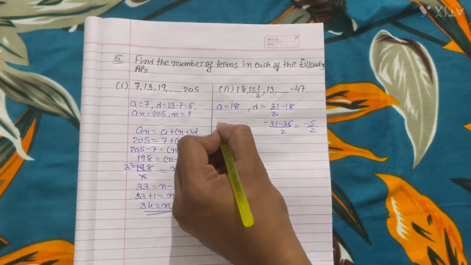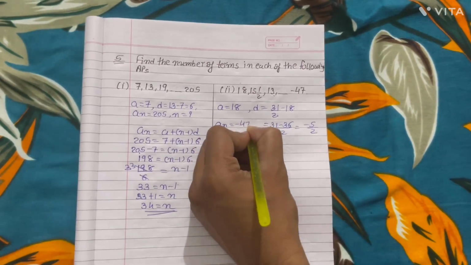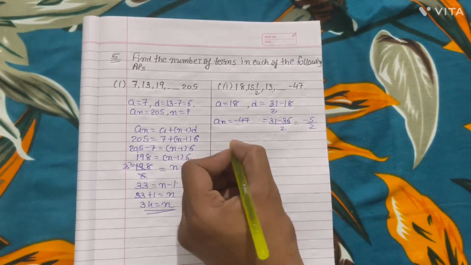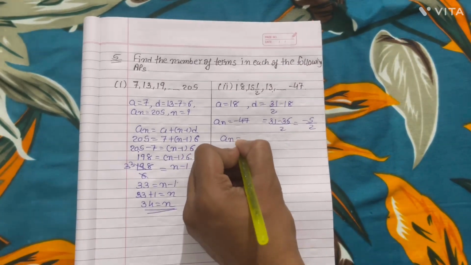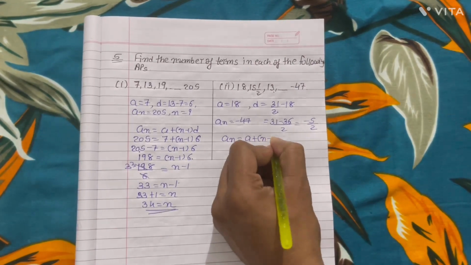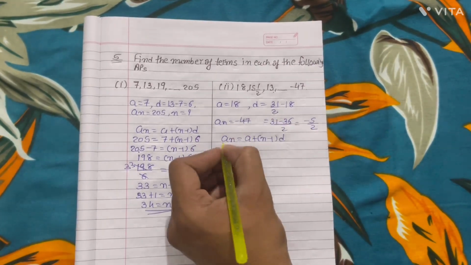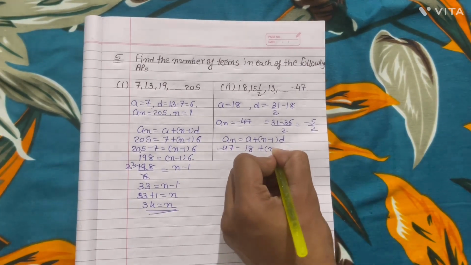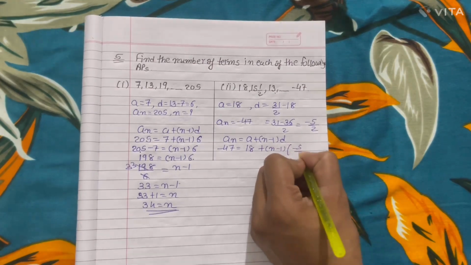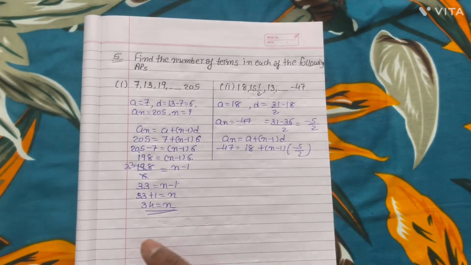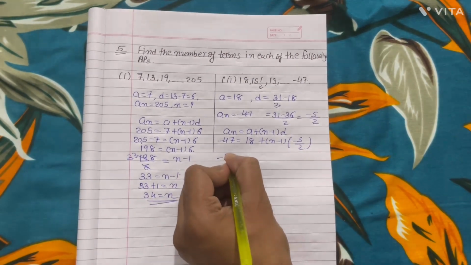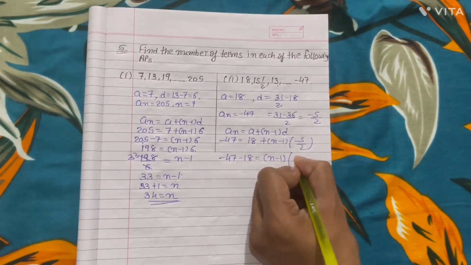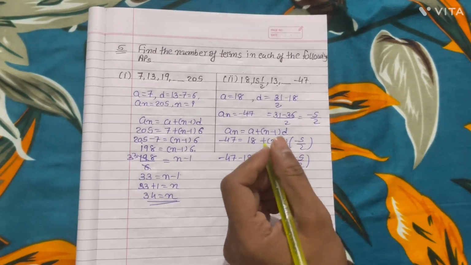And the last term will be an is equal to minus 47. Okay. So we have to find n. So same equation, an is equal to a plus n minus 1 into d. an is equal to minus 47, a is equal to 18, n minus 1, d is equal to minus 5 by 2. Minus 18 goes to this side, so we get minus 47 minus 18 is equal to n minus 1 into minus 5 by 2. Okay.